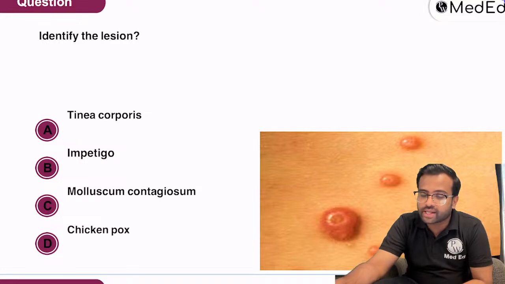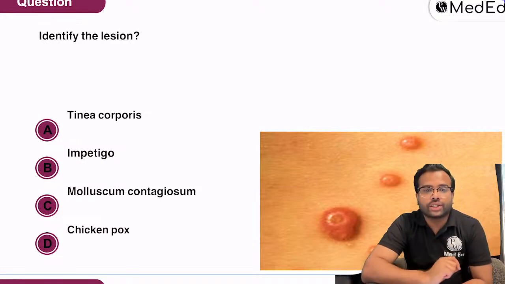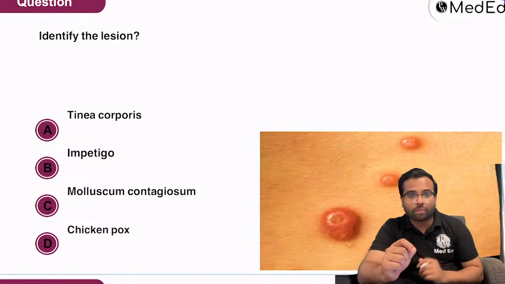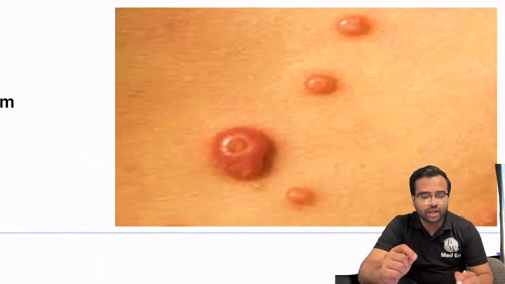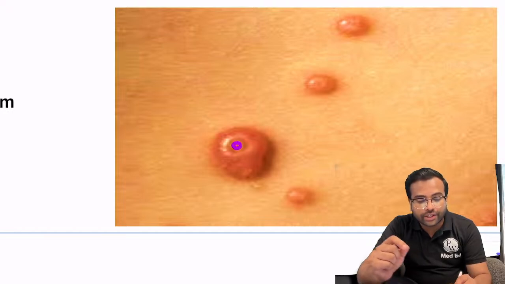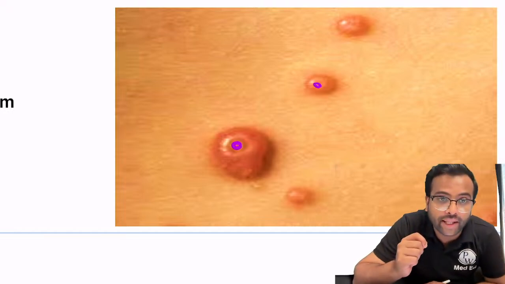The next question says, identify the lesion. So what comes to your mind when you see this kind of an image? There are multiple lesions, and in the center of these lesions there is a central umbilication.